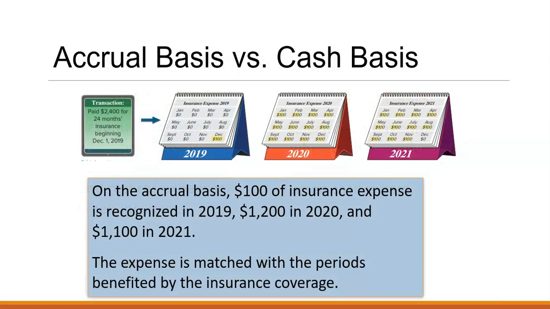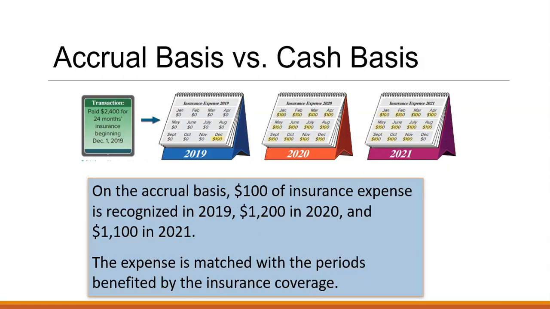When we look at accrual basis versus cash basis, it's how we recognize revenues and expenses. So this is an example of prepaid insurance where we paid $2,400 for 24 months of insurance. And so we use that insurance expense every month for 24 months.